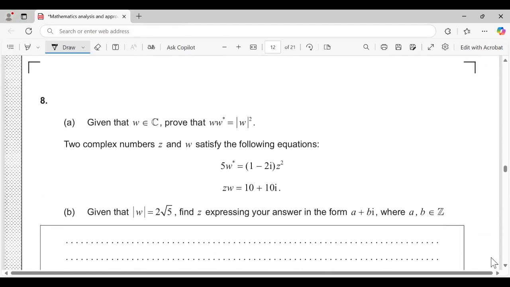Number 8. Given that W is an element of complex numbers, prove that W times W conjugate is the modulus of W squared.